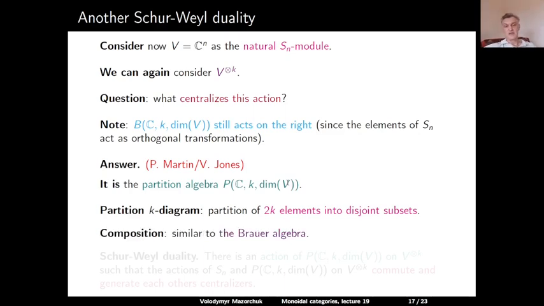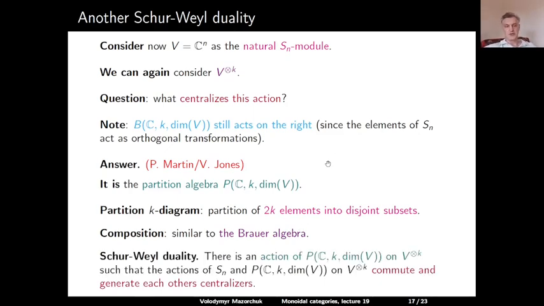And the composition is defined similarly to the Brauer algebra. So now we have a set partition of 2k elements, another set partition of 2k elements, we concatenate them, read through, and potentially remove some middle parts, and for each connected middle part removed, we should pay the price of the parameter delta.